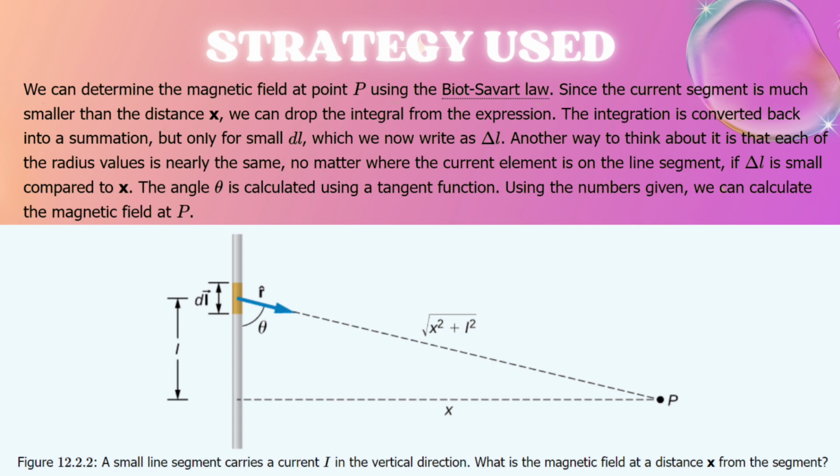Another way to think about it is that each of the radius values is nearly the same, no matter where the current element is on the line segment. If the change in current segment is small compared to x, the angle theta is calculated using a tangent function. Using the numbers given, we can calculate the magnetic field at P.